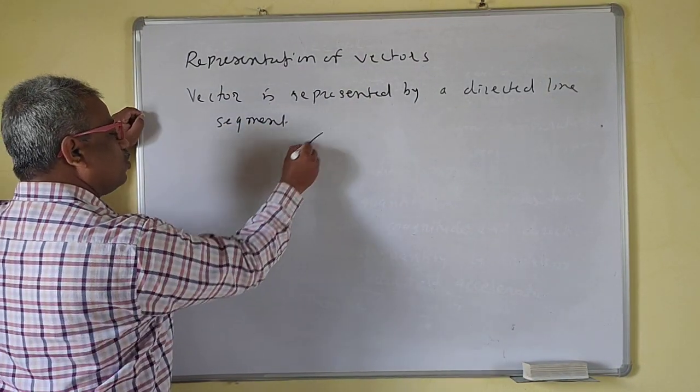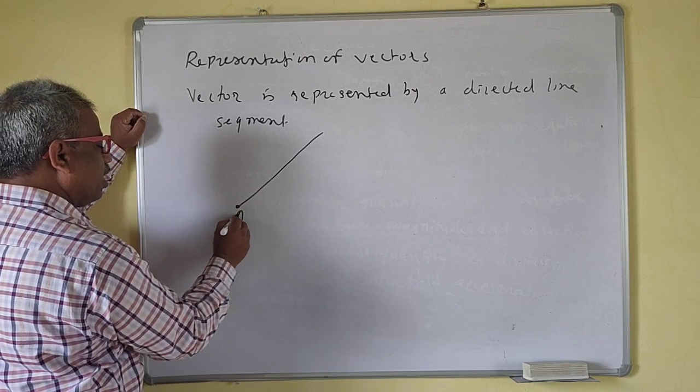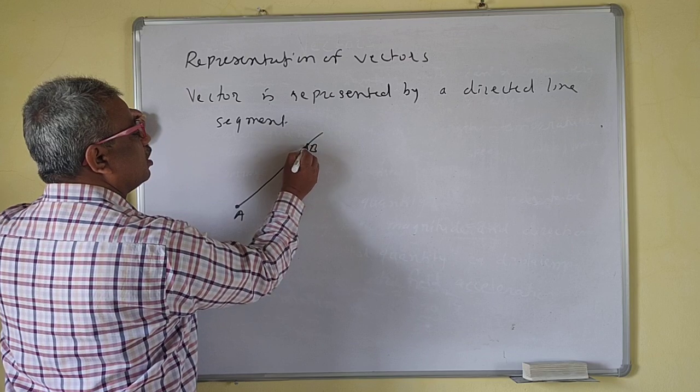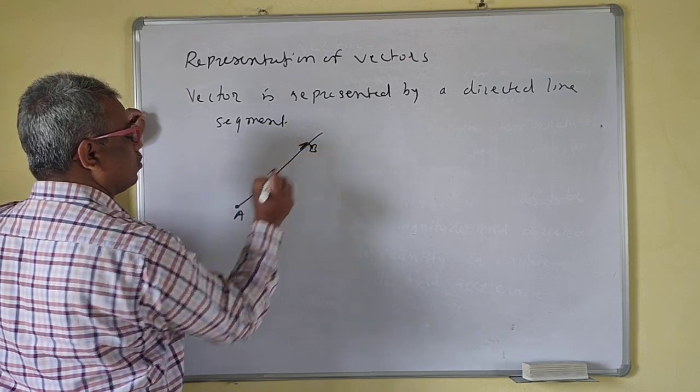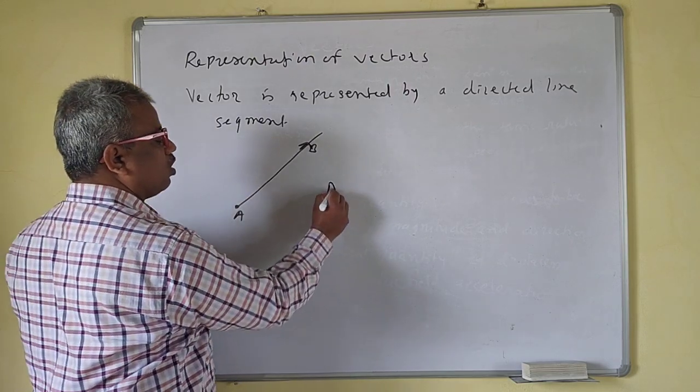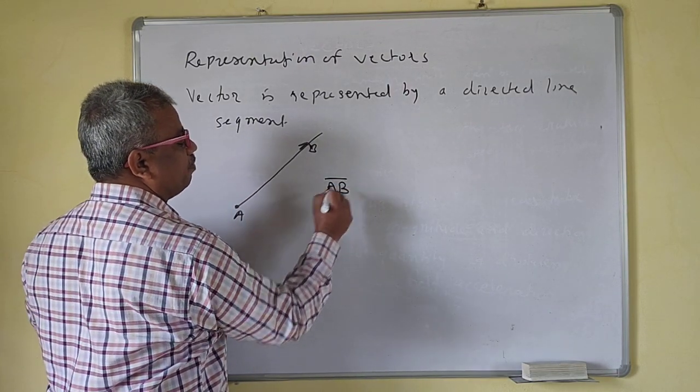Suppose this is your A, and B is here somewhere. Now this is the direction, this is a vector. This vector is denoted by AB bar.